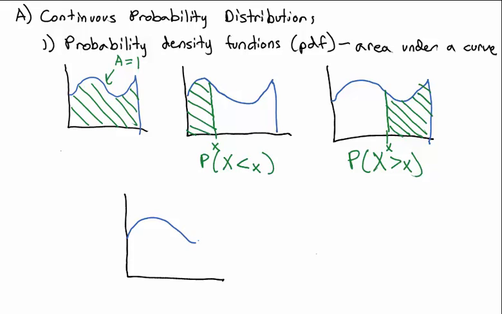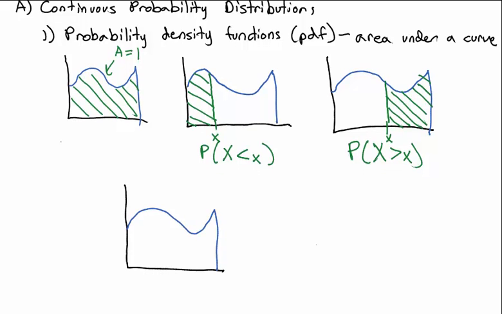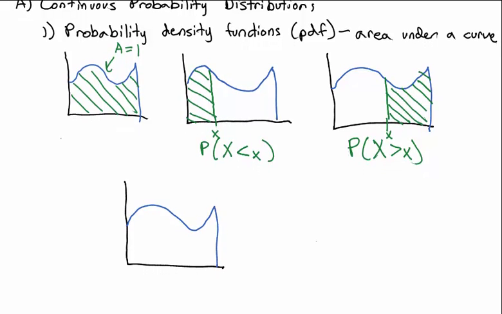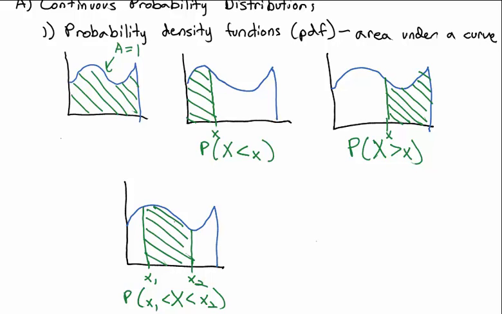In fact, we could even tweak it a little more, and we could say, what if, there's my probability density function, what if I wanted the probability that our random variable x was between an x1 and an x2? So x1 here and x2 there, we're interested in the area that comes up in between.